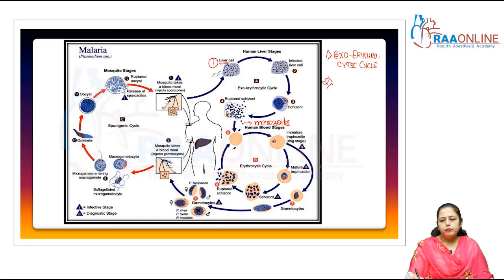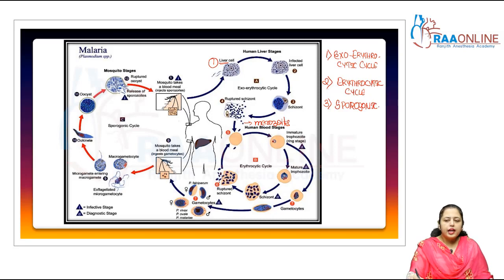Second is the erythrocytic cycle. Third is the sporogonic cycle.